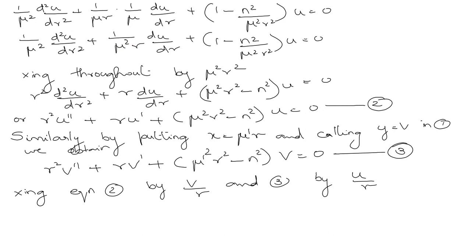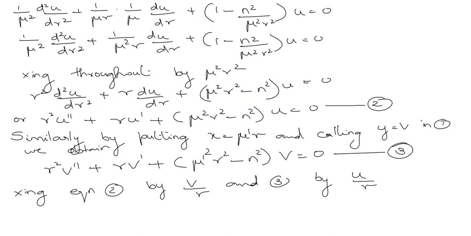The third term we multiply with μ²r², and in this term μ²r² gets cancelled. So the resulting equation is r² into d²u/dr² plus r into du/dr plus (μ²r² minus n²), the whole thing into u is equal to 0.